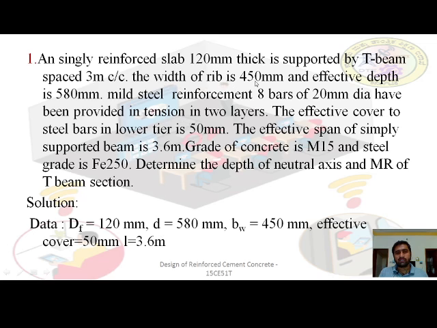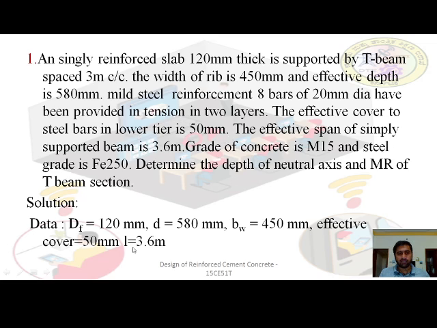The width of the rib, that is BW, the width of the web, is 450 mm, and the effective depth, the small d, is 580 mm. They have given the steel details, which I have written in the next one: 8 bars of 20 mm dia. The effective cover is given as 50 mm.